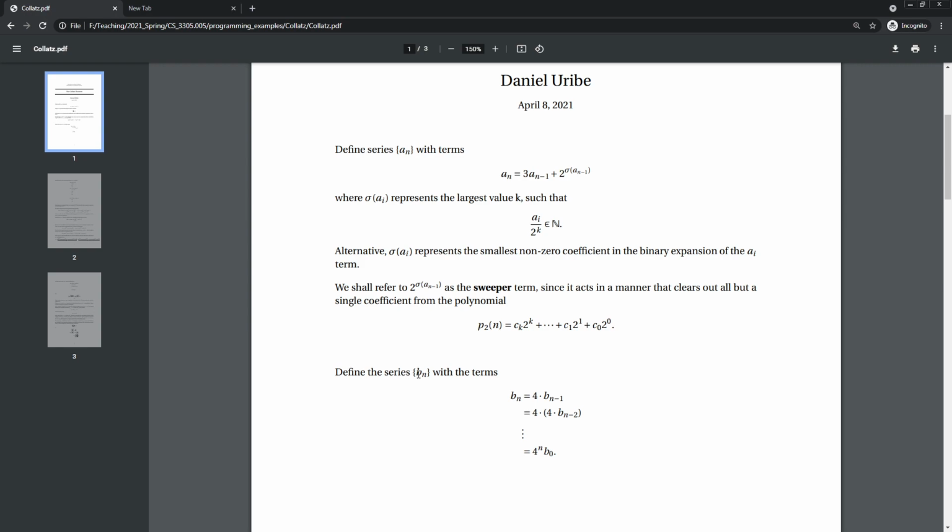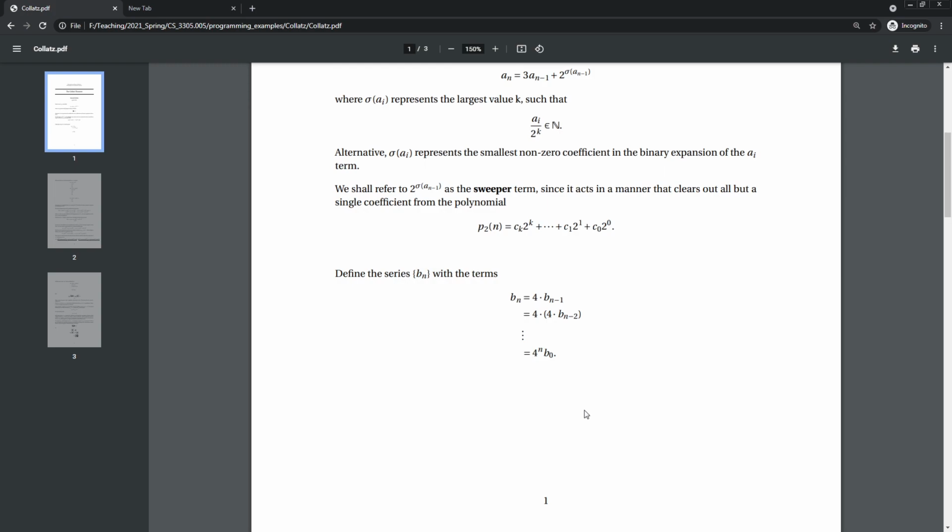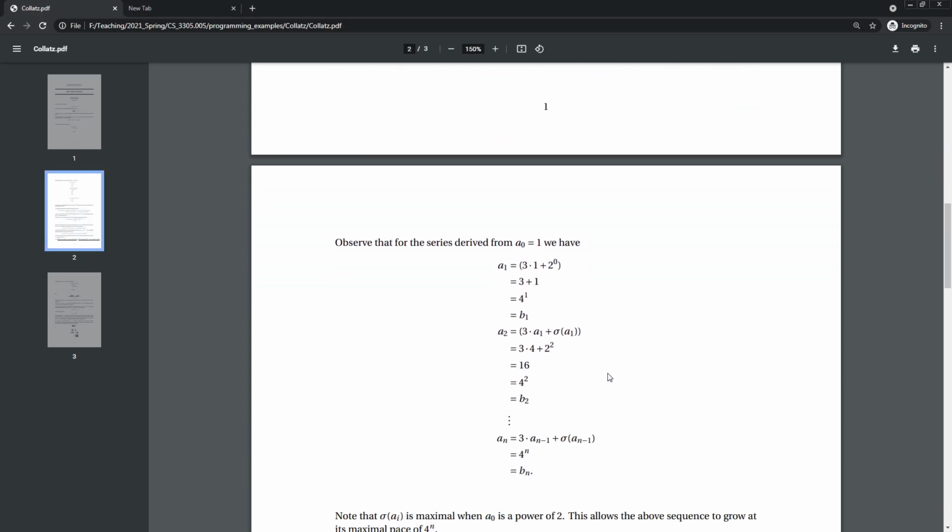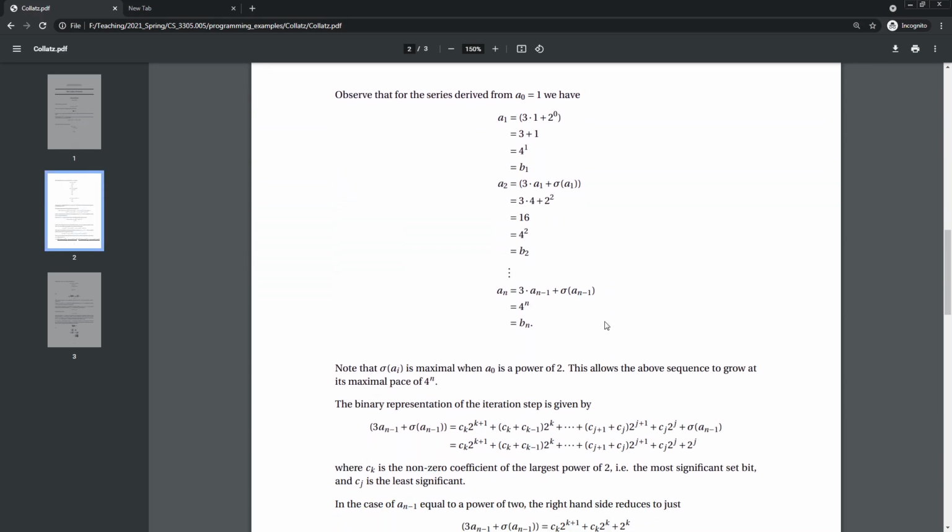So now we're going to define this alternative series, B sub n. B sub n is really just 4 times the previous term, but if you apply it repeatedly, then the nth term in this sequence is 4 to the n times whatever that initial value was. If we begin with the term a sub 0 equals 1, as we demonstrated, then we see the effect of the sweeper term, right?